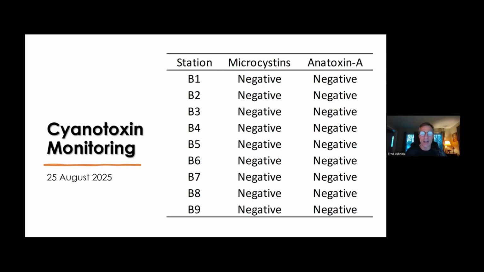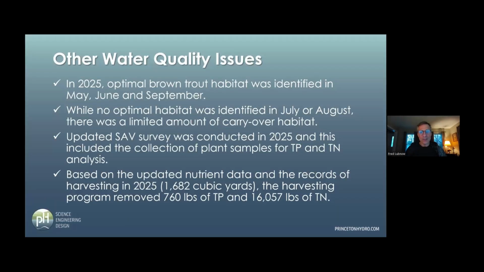So it's typically July and August that we do this monitoring. So 2025 was a very good year in terms of not having any of the measurable cyanotoxins that we typically monitor at Lake Hopatcong.